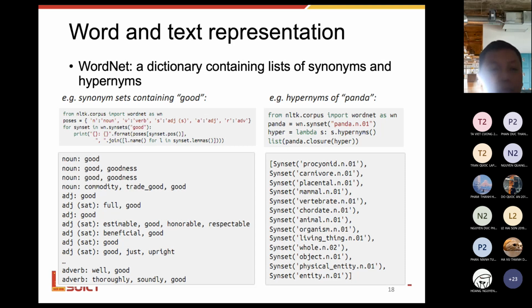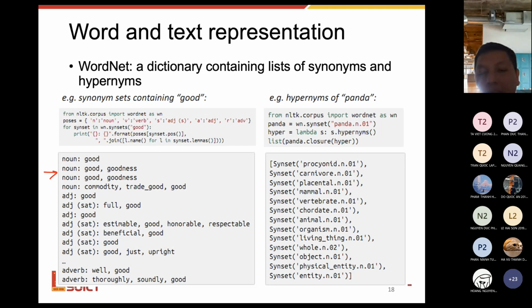Here we import WordNet from the NLTK corpus package. Then this is the output, where we can see all of the elements inside the synonym set containing wood, right? And this is an example of finding the hypernym of panda. For example, this is the result.